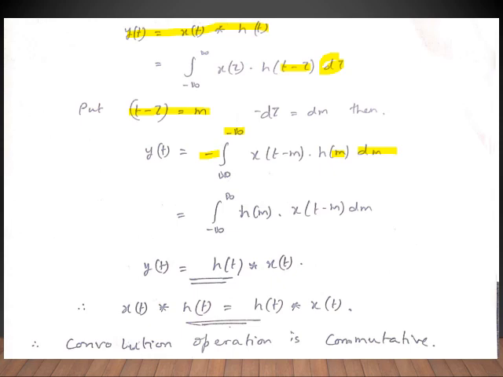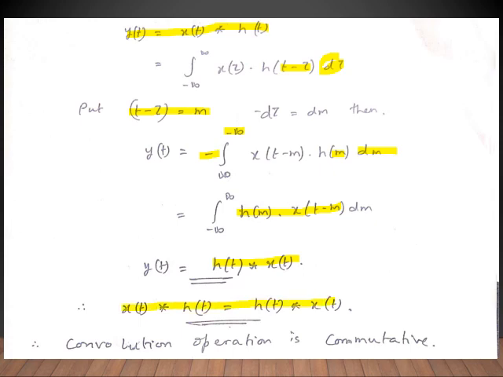I write h of m first, and then x of t minus m dm, and this now looks like the convolution integral between h and x. So I can write y of t equals h of t convolved with x of t. Starting from y of t as x of t convolved with h of t, this equation says the convolution integral also follows the commutative property.